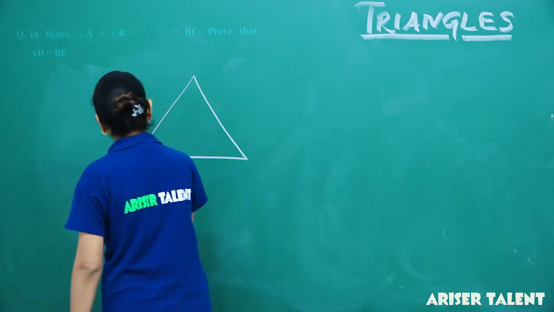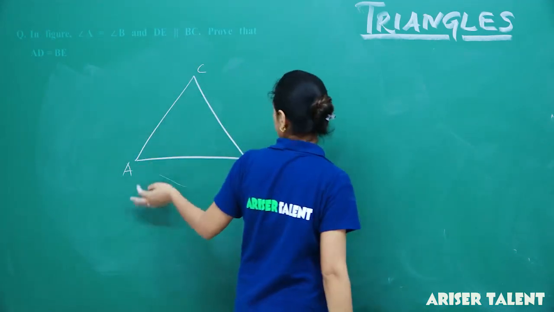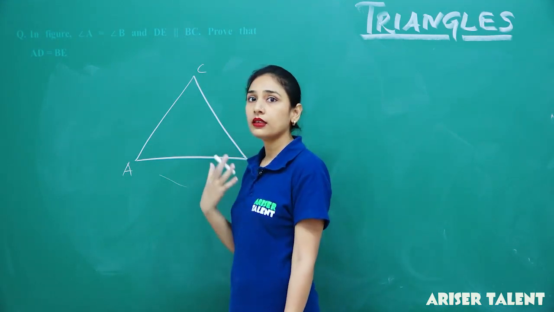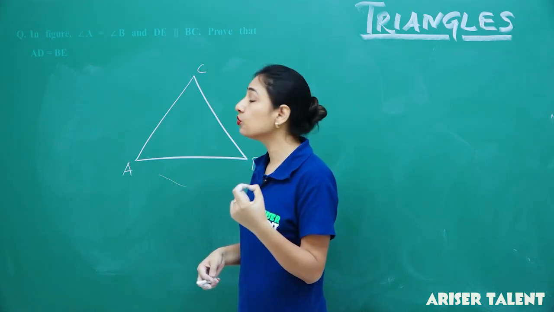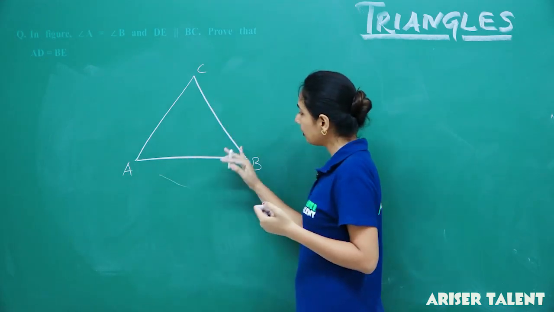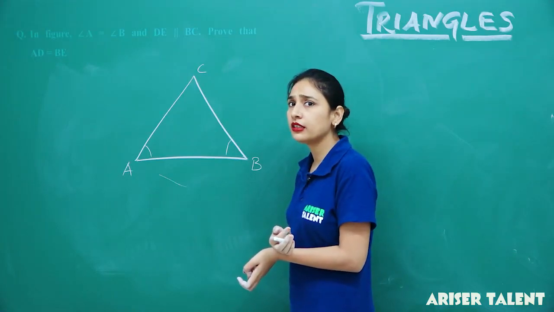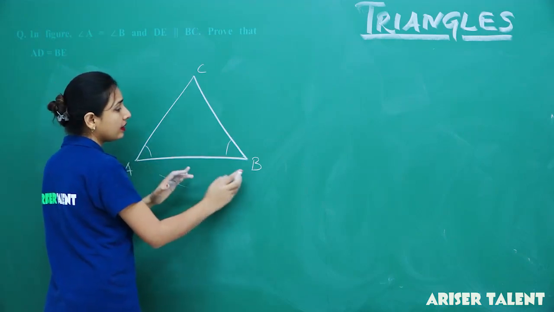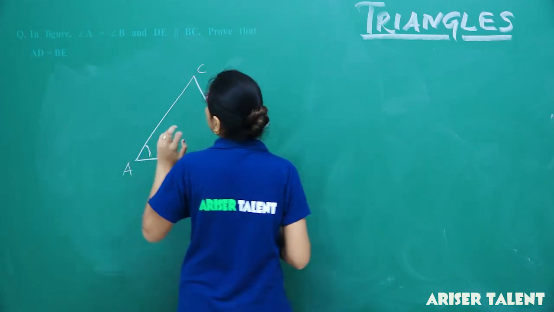So let it be A and let it be B. You can also take A and C equal, but whenever we talk about isosceles triangles in which two angles are equal, we just simply take the base angles for our convenience, traditionally we took these as equal angles. So you can have this and prove that AD equals to BE.